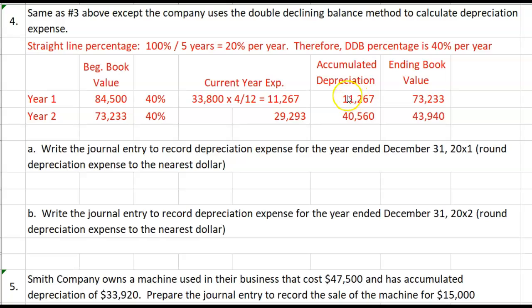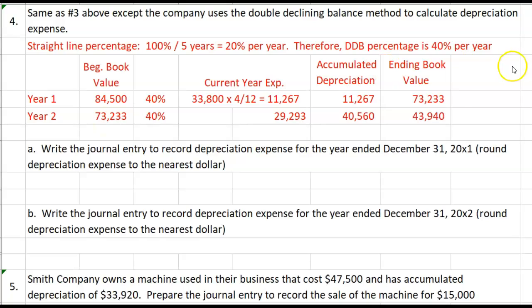Well, in the first year, there is no prior year's accumulated, so accumulated depreciation at the end of year 1 is equal to the expense for year 1, $11,267. And the book value is cost minus accumulated, or $73,233. Notice how the book value declined from $84,500 down to $73,233.